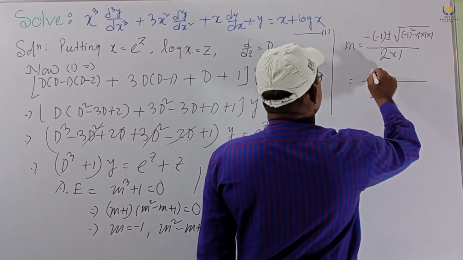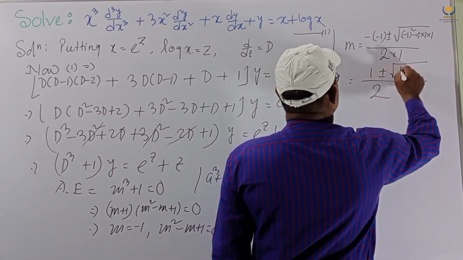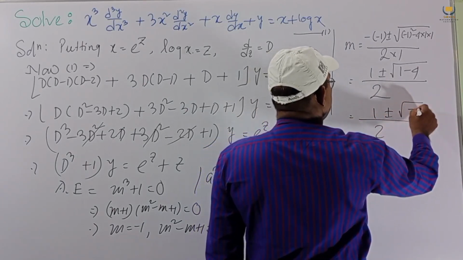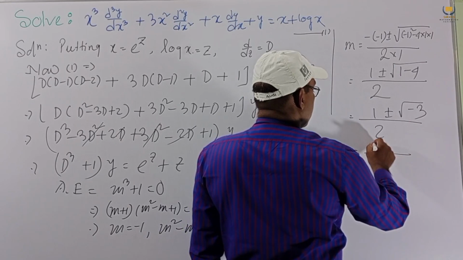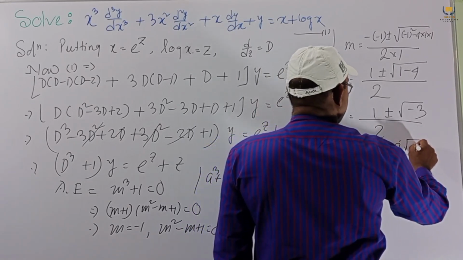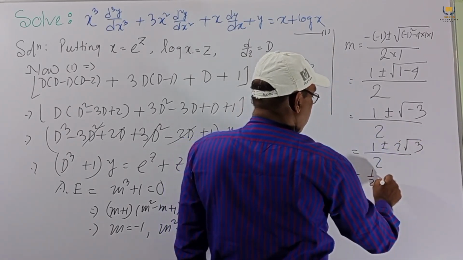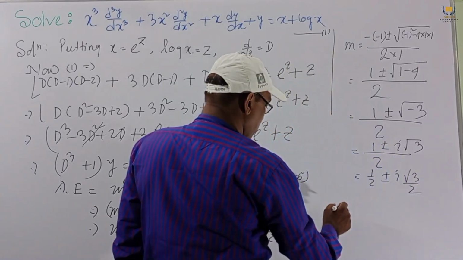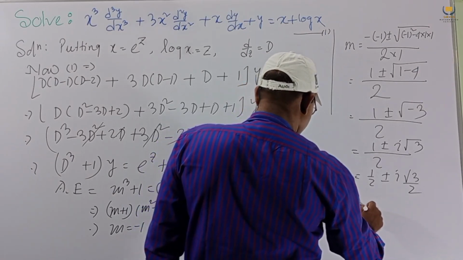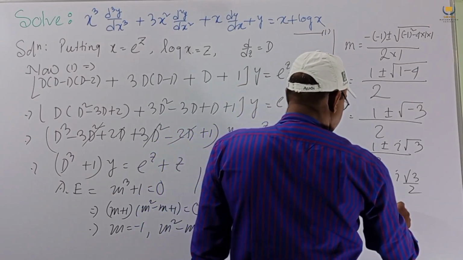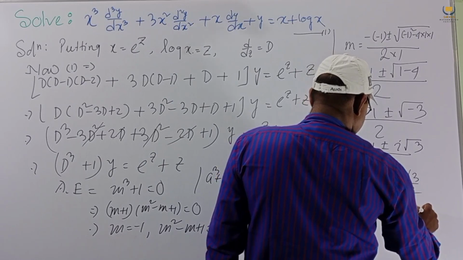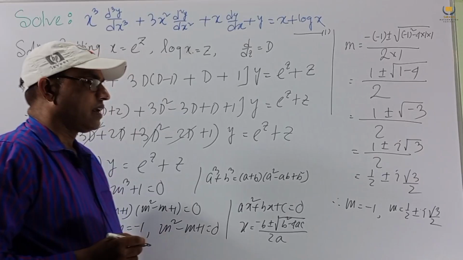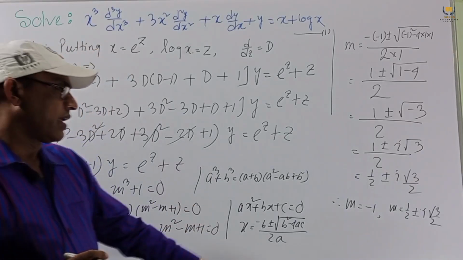This is 1 plus or minus root of 1 minus 4, by 2, that is 1 plus or minus root of minus 3 by 2, which is 1 by 2 plus or minus i root 3 by 2. Therefore, m equals minus 1 and m equals 1 by 2 plus or minus i root 3 by 2. This is the value of m.